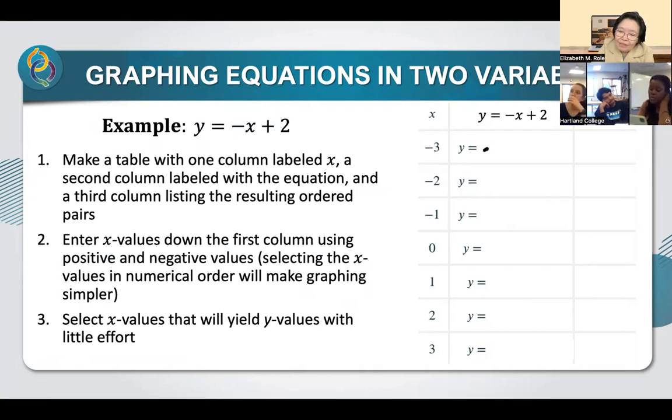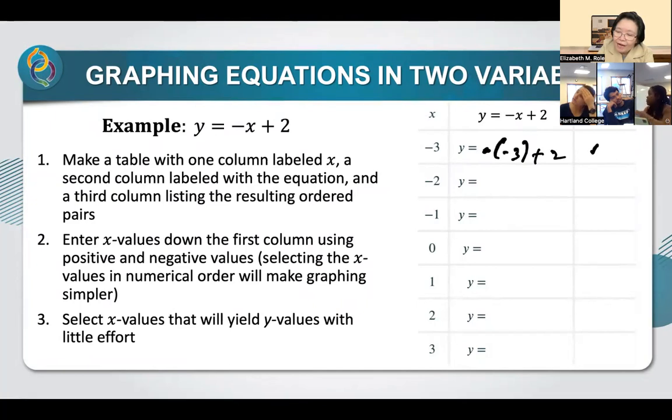It's the negative of -3, which is 3, plus 2. The value of y is 5. Therefore, I'll have -3, 5 as our coordinates.